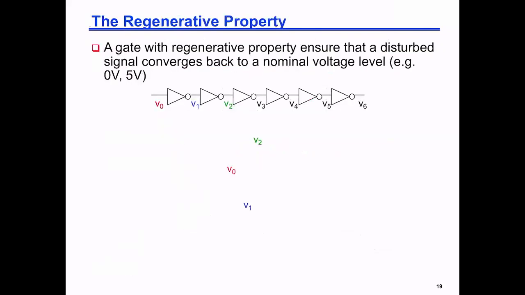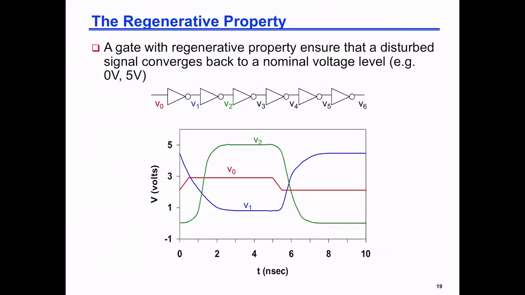So let us see how we can interpret this in a different way. If a design has characteristics where it is robust to noise, we will say that it has a regenerative property, and we will explain what we mean by regenerative next. If you hit something and it comes back to its place, this is regenerative because it is able to recover.